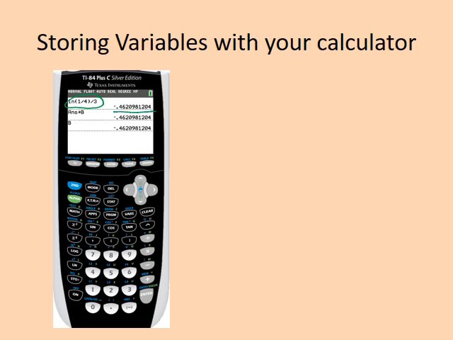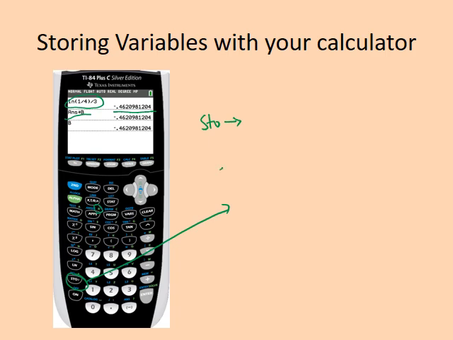Instead of having to write out this very long decimal, I stored the value as b. The way you do that is once you've calculated the very long value, you press the store button, which is right here. The store button is STO, and it'll give you an arrow, which wants you to store it as something. Now I stored it as B.